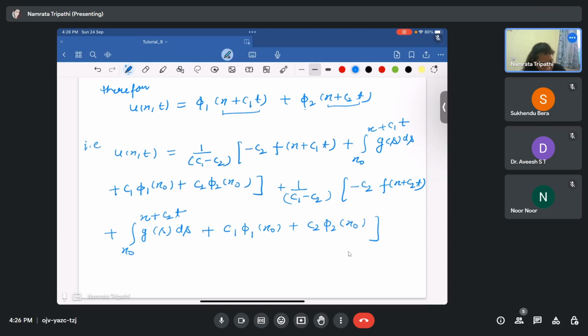So here the expression is c2 minus c1, sorry. After multiplying, you can write u of x comma t as c2 upon c1, just wait, here minus is there, so this will give c1 minus c2 or c2 minus c1.